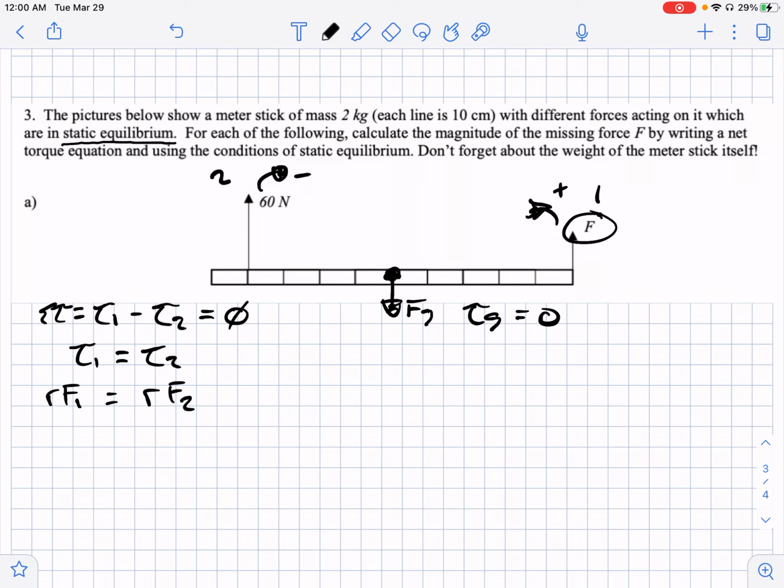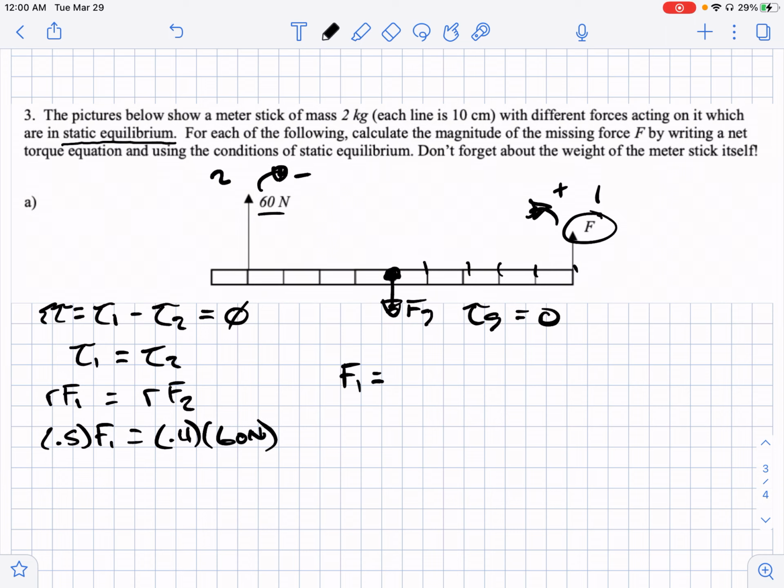Let's plug in our moment arms and then that one force that we know. So 1, 2, 3, 4, 5. I got 0.5 times that unknown force is equal to 0.4 times 60 newtons. I'm going to divide both sides by 0.5.